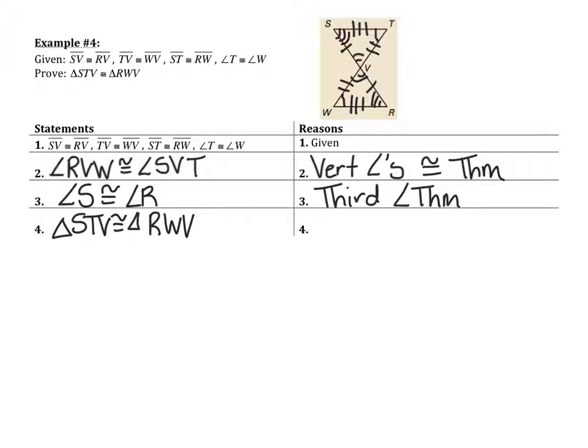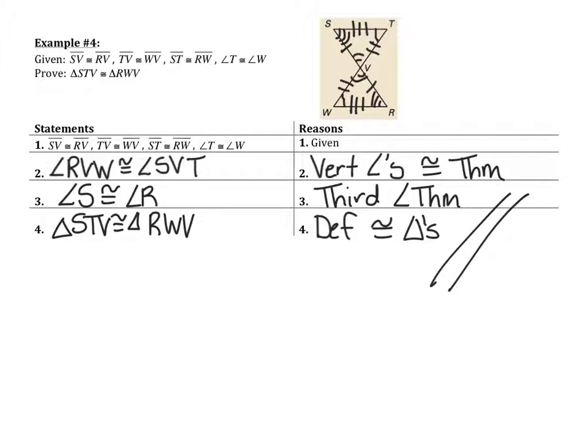So my reason would be the definition of congruent triangles. My proof is done, so I'll put my two little tick marks to show that. And there you have it. We have proven our first set of triangles congruent.